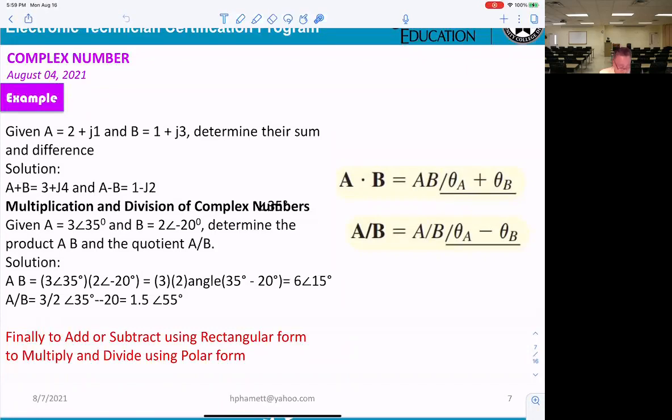So if you have A times B, you get the magnitude A times B, and the angle will be theta of A plus theta of B. And if A divides by B, you get A divided by B, and the angle will be theta of A minus theta of B. This is the formula, okay, in order to multiply or divide in the polar.